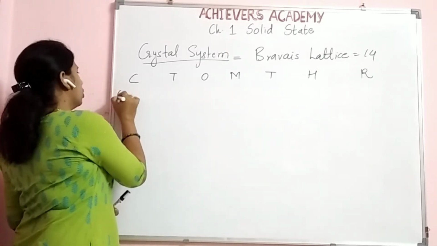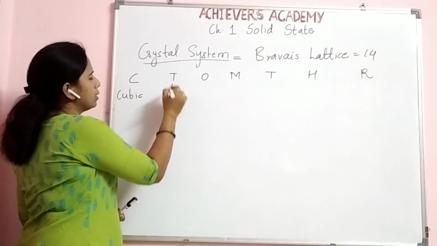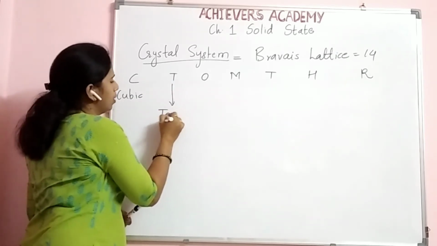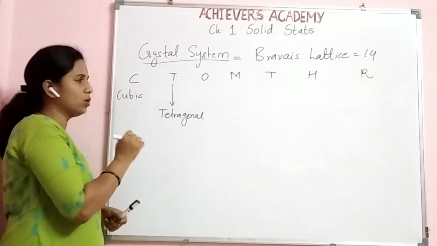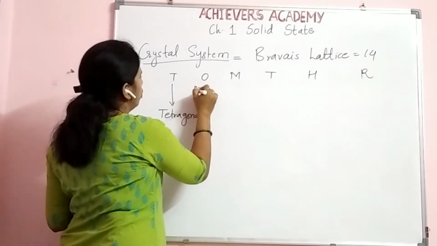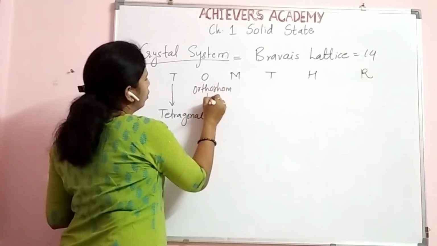C is cubic. The first T is for tetragonal. O stands for orthorhombic.